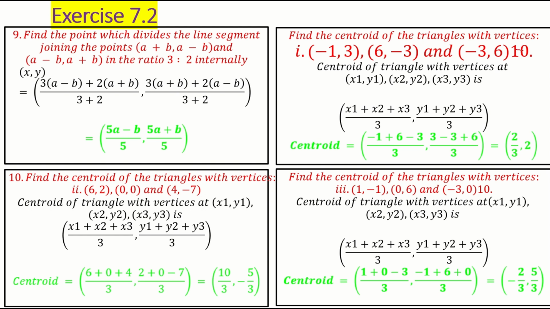I don't know why this 10 has come here. These three are the 10th question basically. These are the 3 points, exactly the same. Centroid you have to find out.